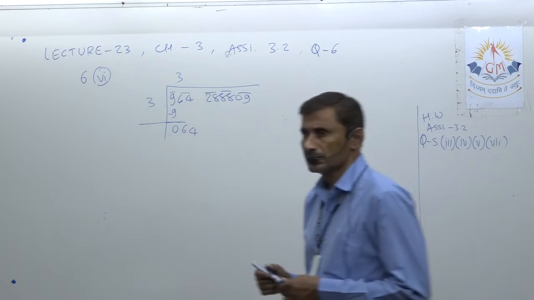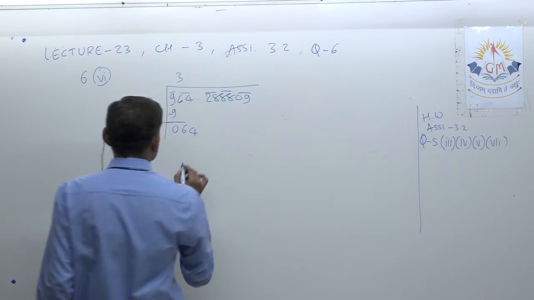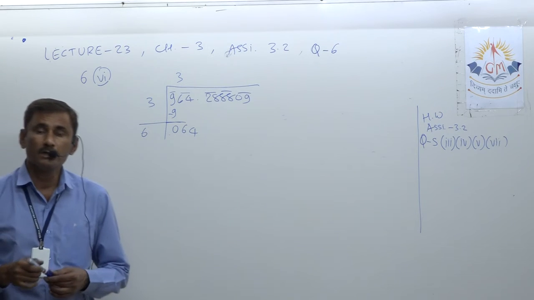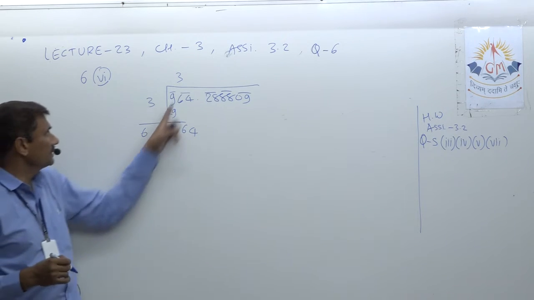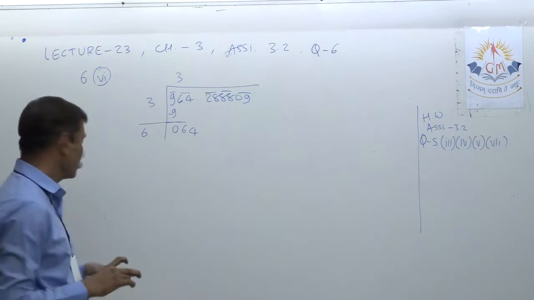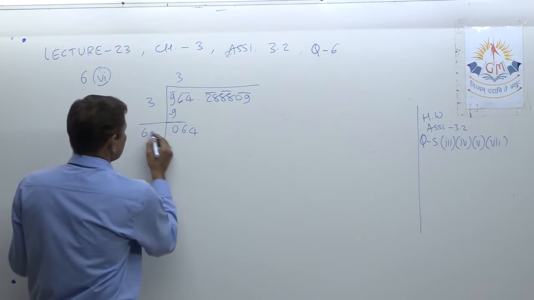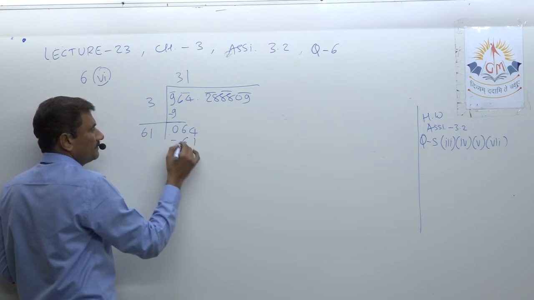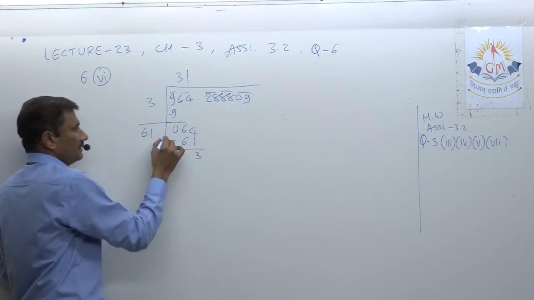The quotient is 3, so write 6 here. Again you write 1, then 61 1s are, 62 2s are, 63 3s are, like that. Since it is a small number, it is 61 1s only, 3 left.